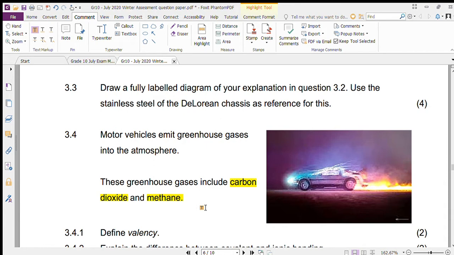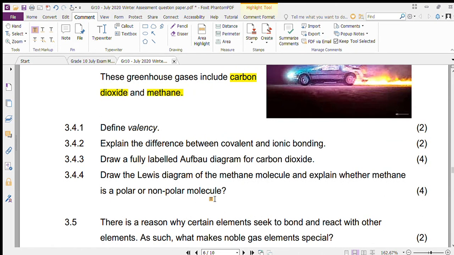Here we are moving into covalent bonding. I wanted you to define valency. Once again, bread and butter mark. It had to be all or nothing. You had to say it is the combining power with other atoms when it forms chemical compounds or molecules. This is the measure of an element's combining power. 2 marks.